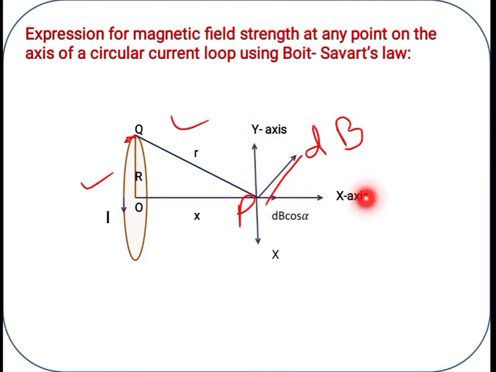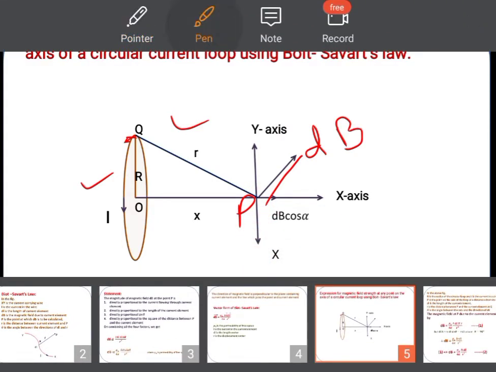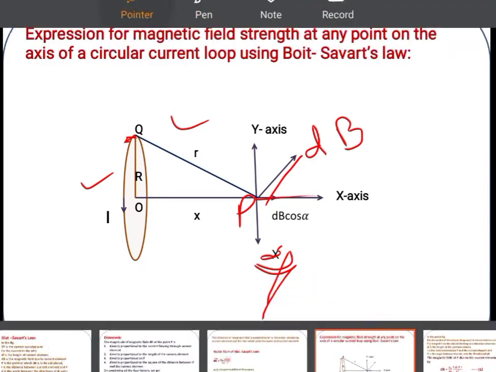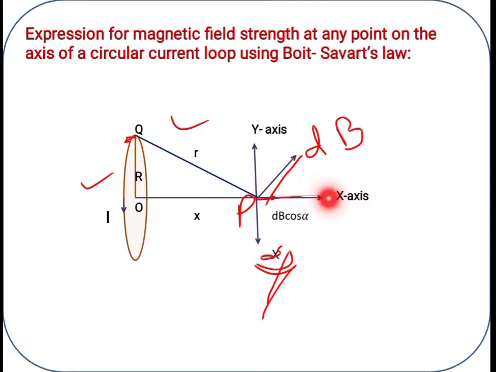So this is along the x-axis, and this is along the y-axis. This is one component along the x-axis, and this is the y component. So this is dB sine alpha, and this angle is also alpha. So dB sine alpha.